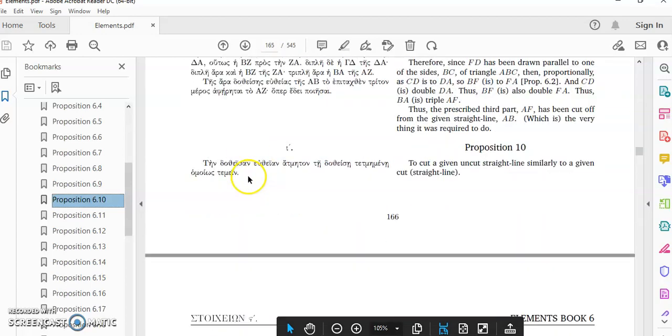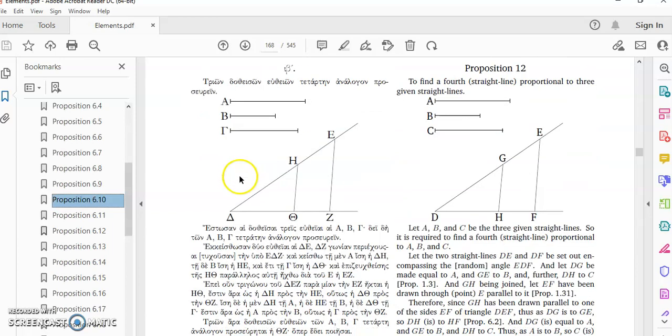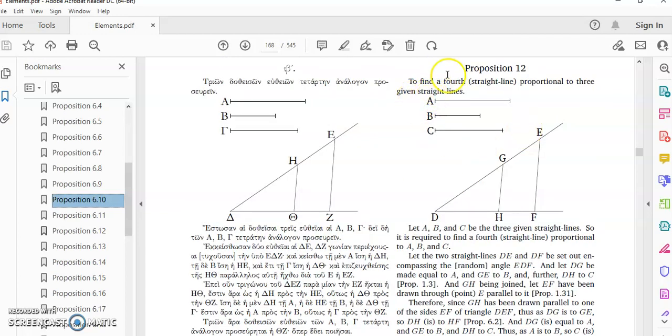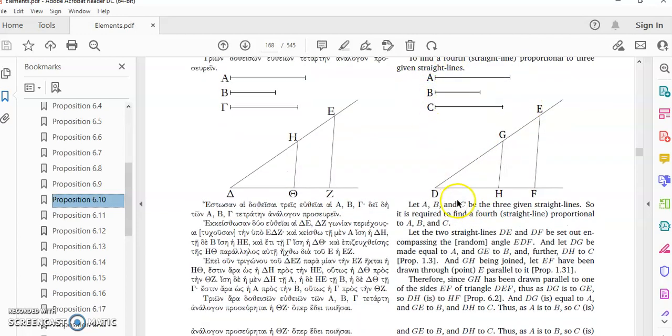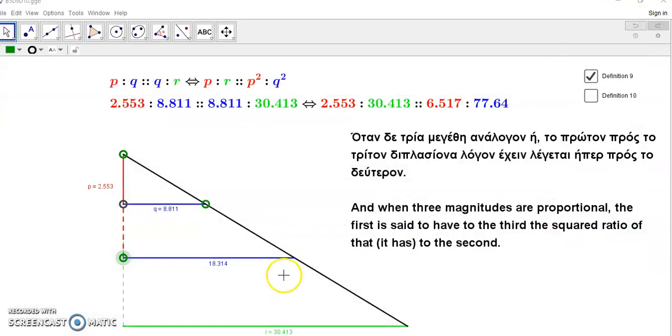And that's why I've always claimed that book 6 should have come before book 5. And you'll see, of course, even in proposition 12 of book 6, that you have a similar argument with the line segments and the constructions. So I think it's much easier to look at book 6 first and then book 5, because that way you'd be able to understand them better.